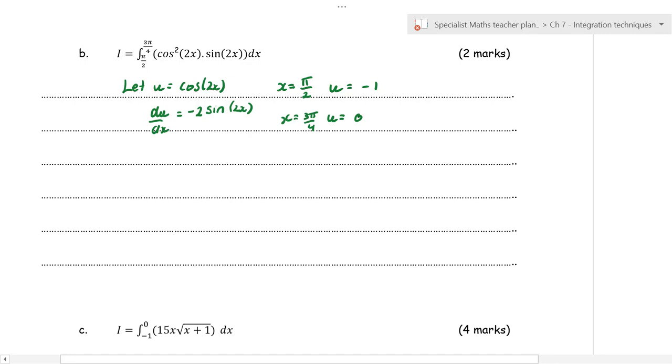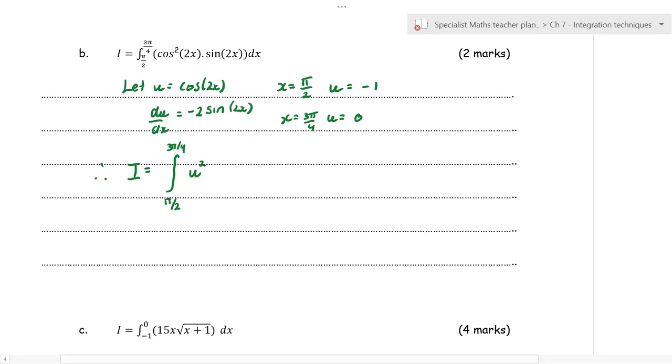Okay, all right, so we've got to start. So therefore what we can say is I is equal to, keep the terminals again, please, like so. And now what we're going to do is we're going to call that u squared. That's fine. We can do that. But what's du dx?